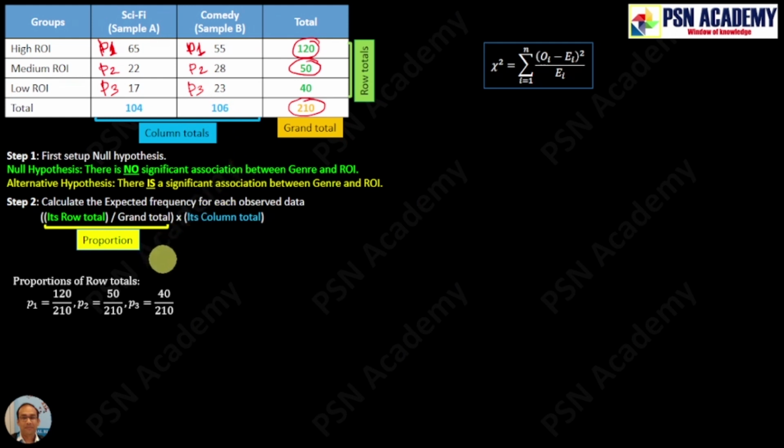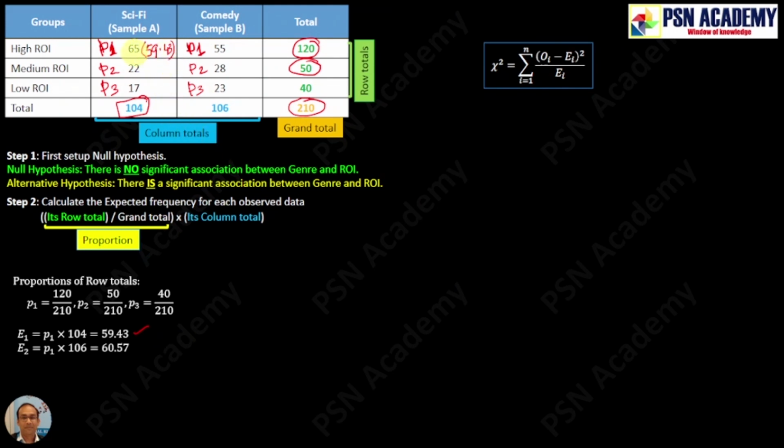Now you can go for the expected frequencies individually. So for E1, that means this first cell, you have P1 times 104, right? So P1 is multiplied with 104. So E1 is 59.43. So you can write it like this in bracket, 59.43, right? So this is your expected frequency.